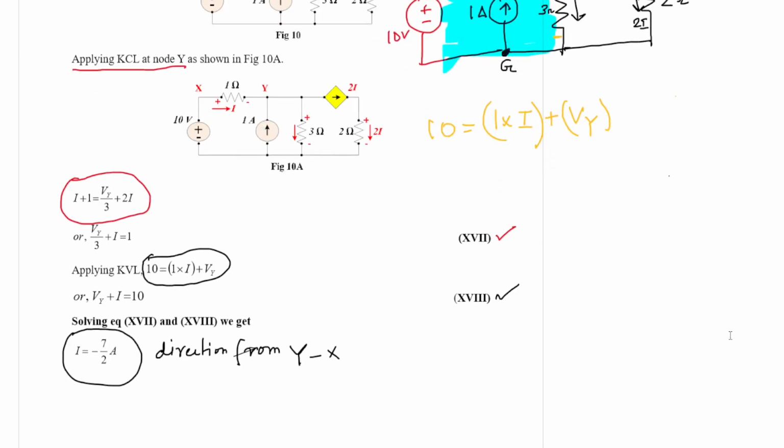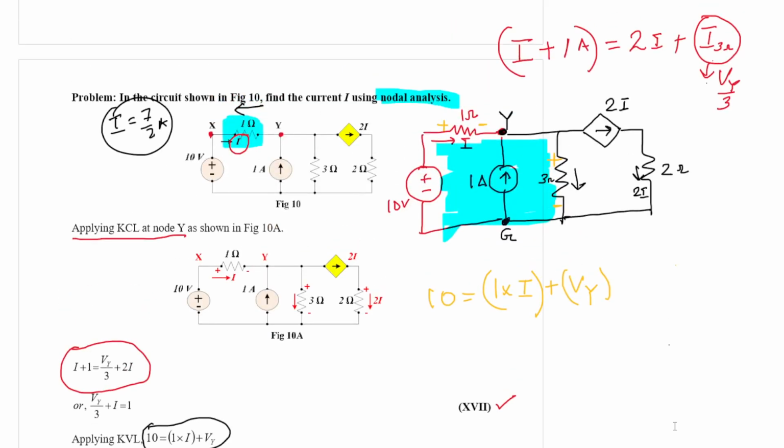So we applied both nodal analysis and mesh analysis in this problem to solve the current I, which is found to be 7 by 2 ampere.